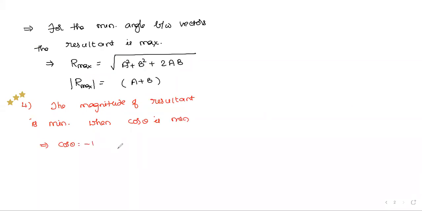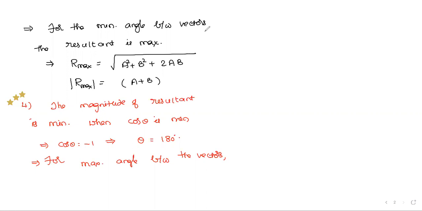Yeah, exactly. Srivatsa, why? Today you are posting wrong answers. Cos theta is -1. Right. Nisha is correct. Cos theta is -1 means theta is equal to 180 degrees. That is for the maximum angle between the vectors.